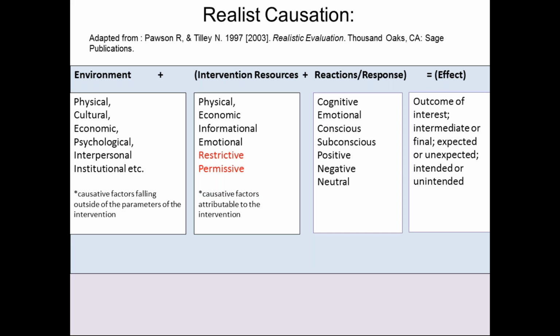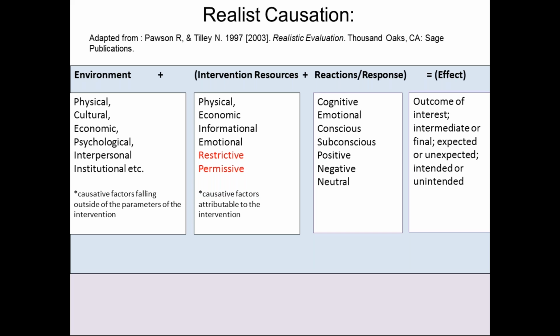And it can be positive, negative, or neutral. So that encapsulates the range of responses: positive, meaning in favor of the resources, enthusiastic about those resources, or negative, repulsed by them, or just no effect at all.